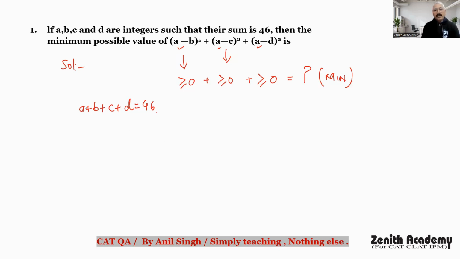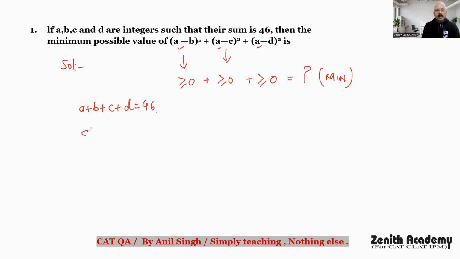But look here, it is given A plus B plus C plus D is equal to 46. So if we try to divide 46 amongst these four variables, then 46 is not divisible by 4.